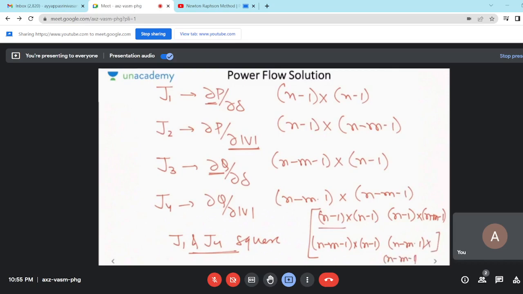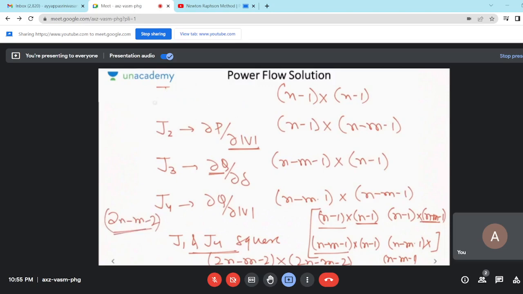So what is the total number of rows? N minus 1 plus n minus m minus 1, that is 2n minus m minus 2. What is the total number of columns? N minus 1 plus n minus m minus 1. So this is the order of the Jacobian, that is 2n minus m minus 2 cross 2n minus m minus 2.